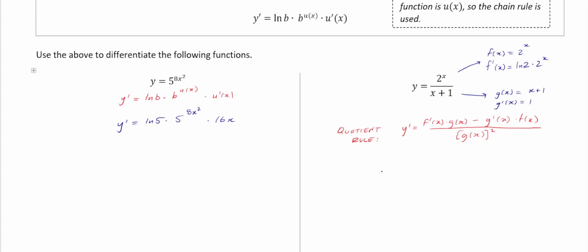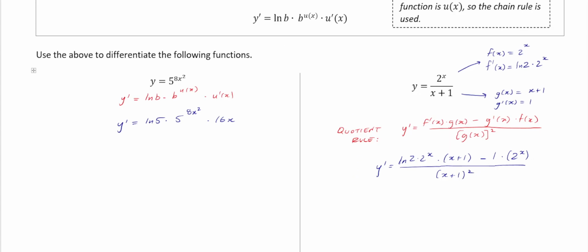Okay, so let's go ahead and now that we have all this information already done for us, I can just sub this in to the quotient rule. So the derivative of the numerator is just ln 2 times 2 to the x times the denominator function, which is x plus 1. And then the derivative of the denominator function is just 1 times the numerator function, which is 2 to the x. And then the denominator function is x plus 1 all squared.